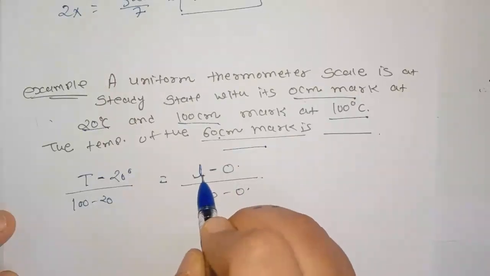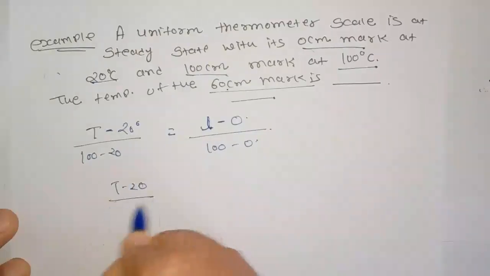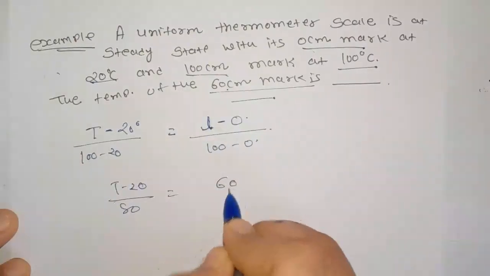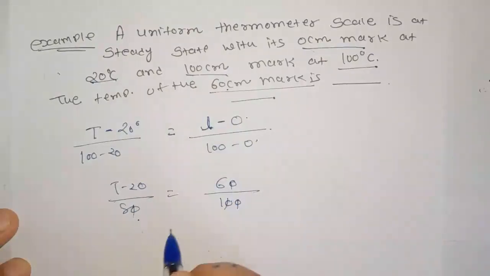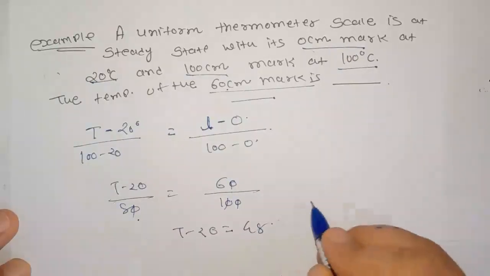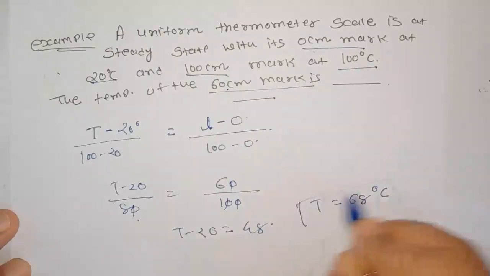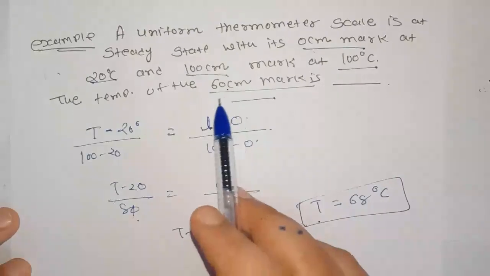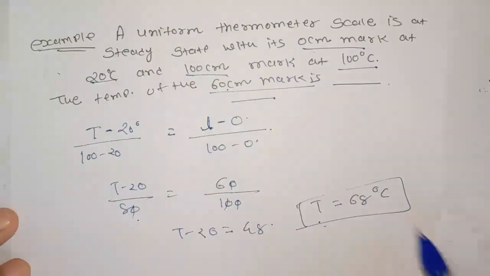Here the given value of L is 60. So (T minus 20) divided by 80 is equal to 60 divided by 100. So T minus 20 is equal to 48. So T will be equal to 68 degrees Celsius. So at the length of 60 centimeter, the reading would be 68 degrees Celsius.